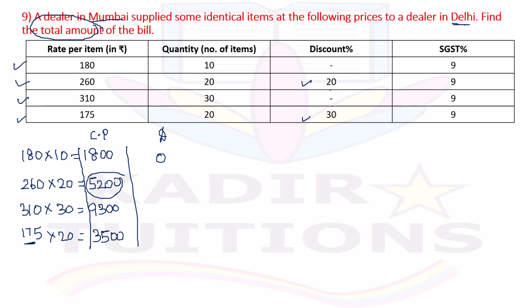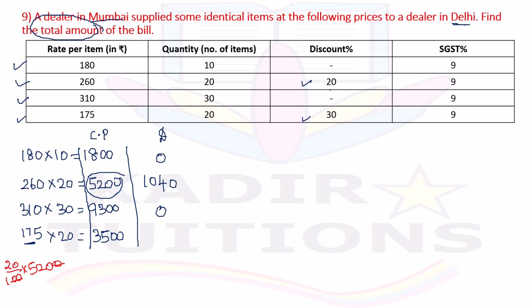So what is 20% of 5200? We need to find. So I will find over here 20 by 100 into 5200. If we cancel, we will get 1040. What is the discount for the second item? It's 1040. And for the third item, it's 0.